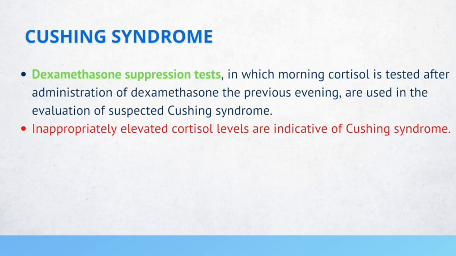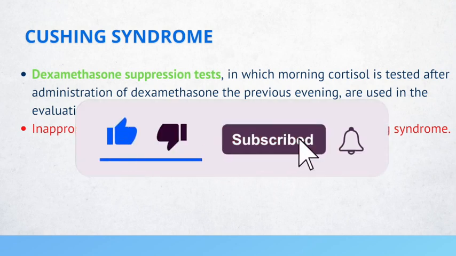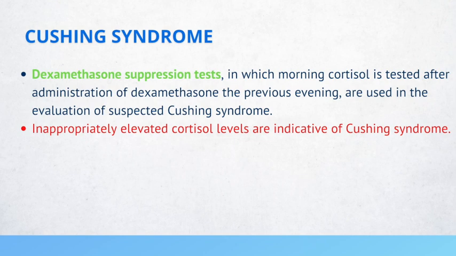So Cushing's can be ACTH dependent, which is most commonly due to an ACTH secreting tumor, or ACTH independent, which may be due to cortisol overproduction. These patients present with symptoms of decreased libido, oligomenorrhea, depression, and psychological changes, proximal muscle weakness, acne, excessive hair growth, symptoms of diabetes, and even weight gain.